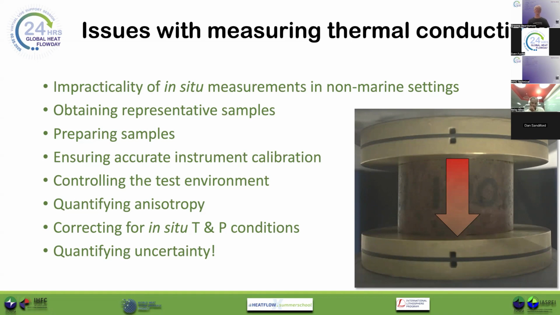So correcting for temperature and pressure changes. And then putting all that together, getting some idea of just how accurate, how precise our interpreted thermal conductivities are. So quantifying the uncertainty given all these complicating factors through the process of obtaining, estimating and measuring thermal conductivity.